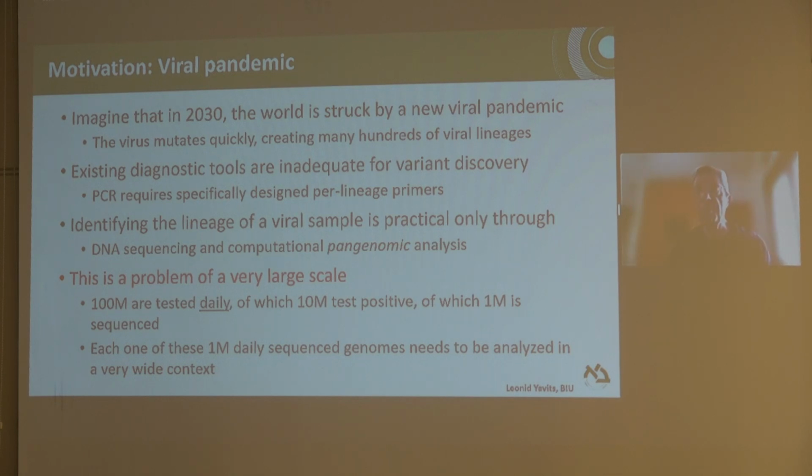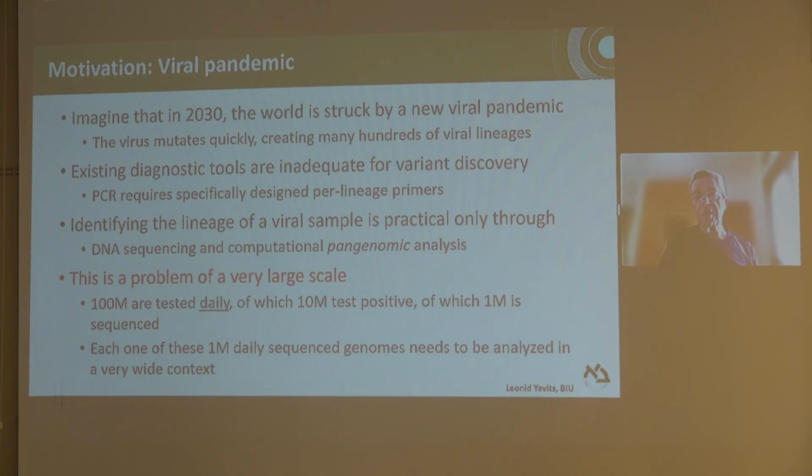First, let me start with the motivation, and I have a very long motivation which is divided in several parts. The first one is viral pandemics, like the one that we have completed recently, or maybe we just learn to live with that because it's still lurking out there. We just kind of pretend it's not there, but it is there.